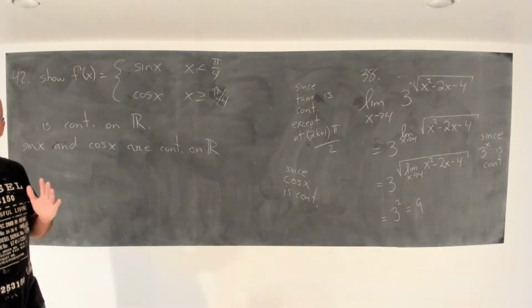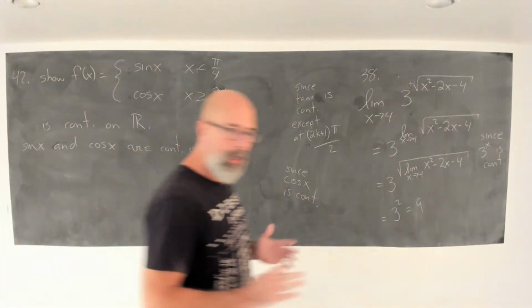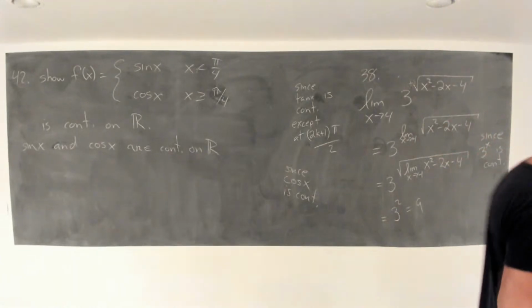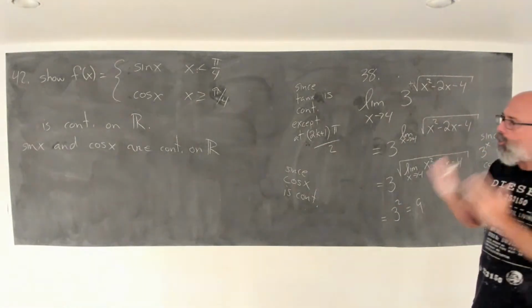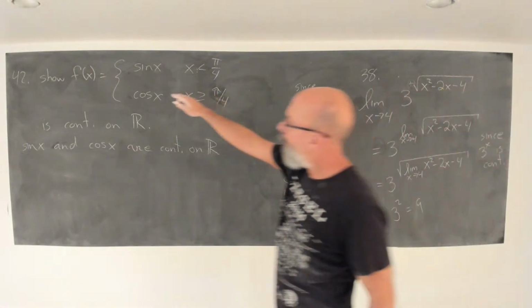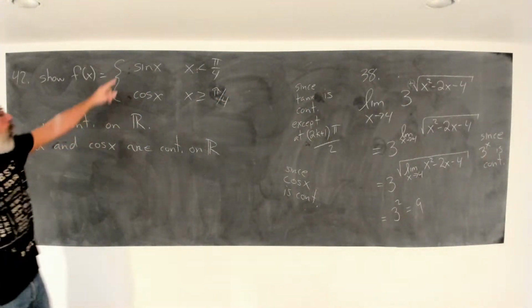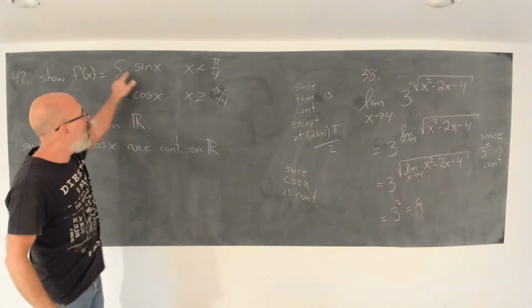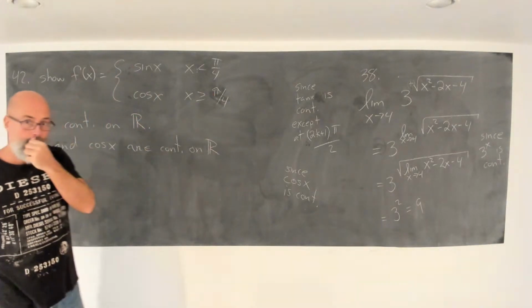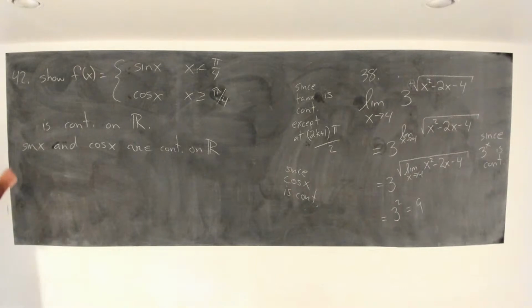So the only place we need to worry about f is where the function goes from one to the other, namely at pi over 4.